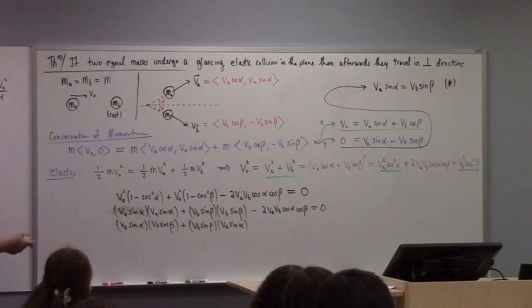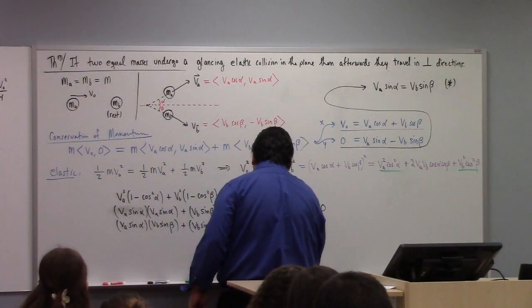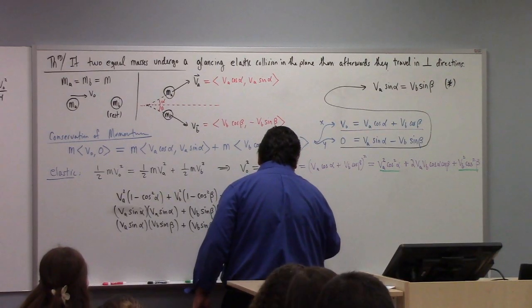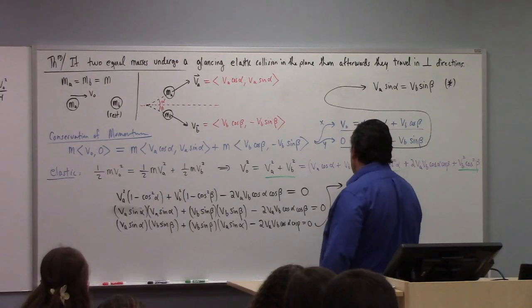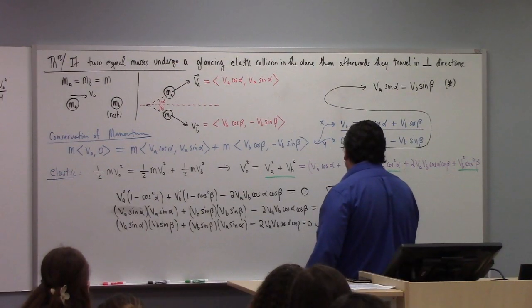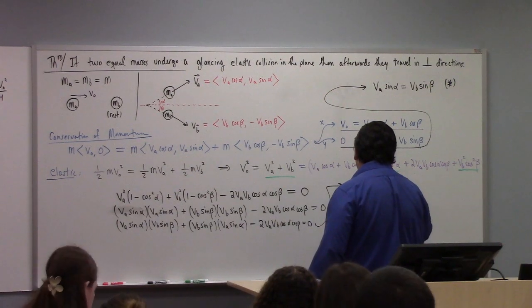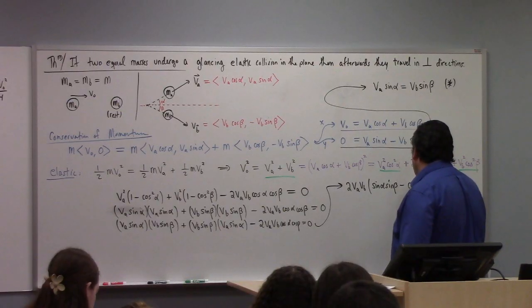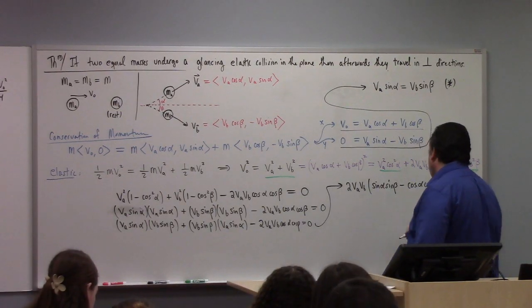In other words, I can make the first two terms the same. And lo and behold, we have twice VA VB, parentheses, sine alpha sine beta, minus cos alpha cos beta, equals 0.